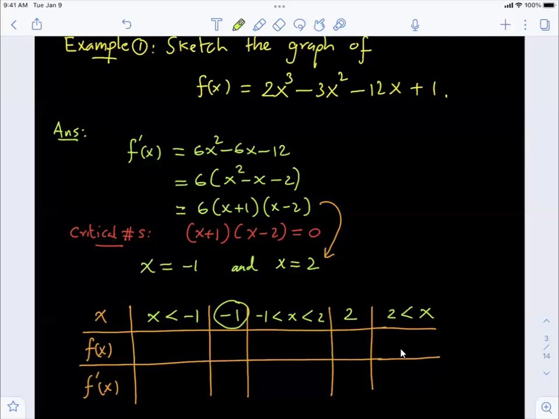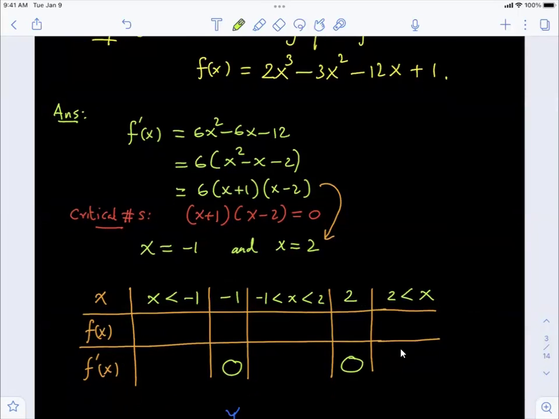What is the value here? When x equals -1, we know the slope is going to be 0, and that's how we computed it. So f prime is going to be 0. And when x equals 2, f prime is going to be 0 again. And look at this too.